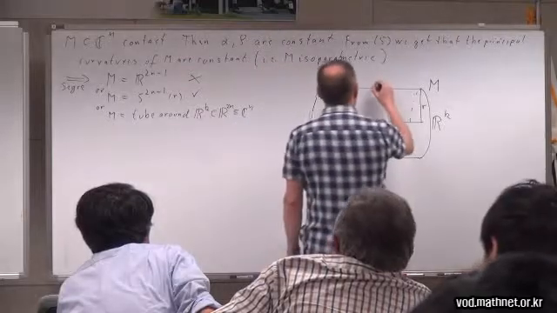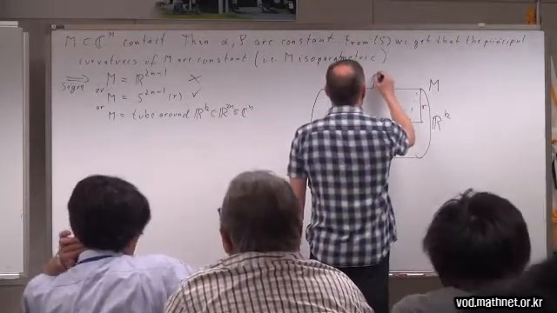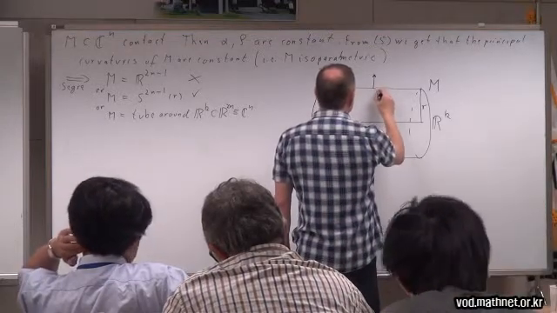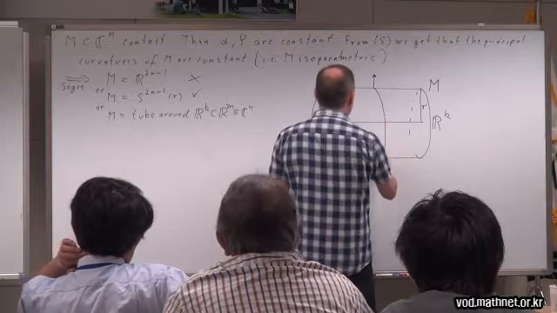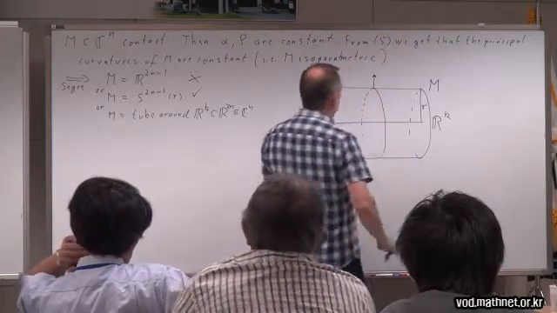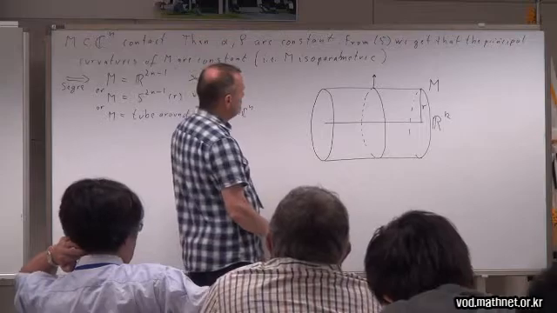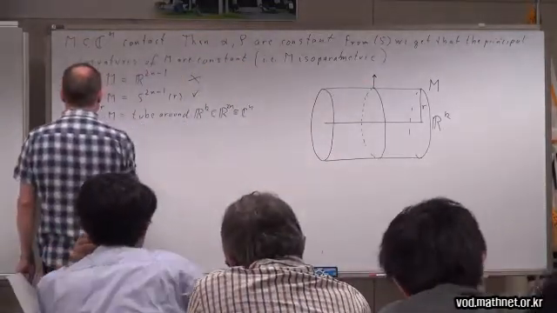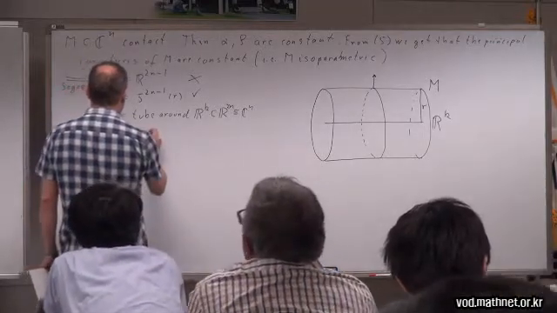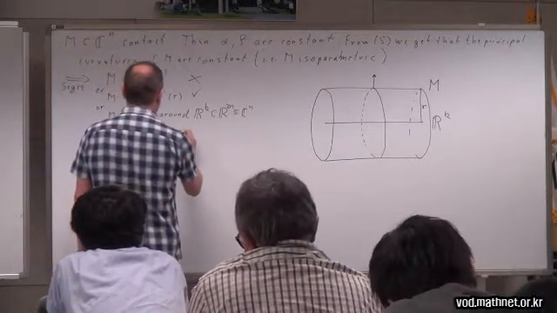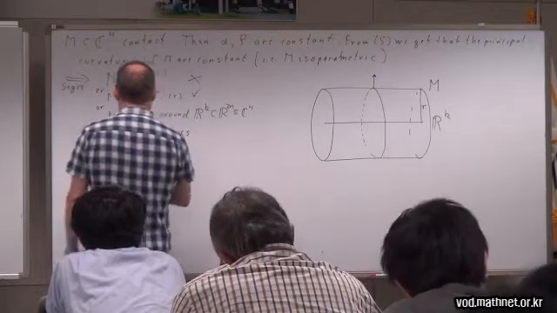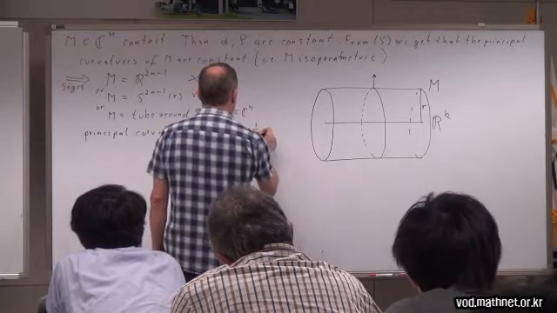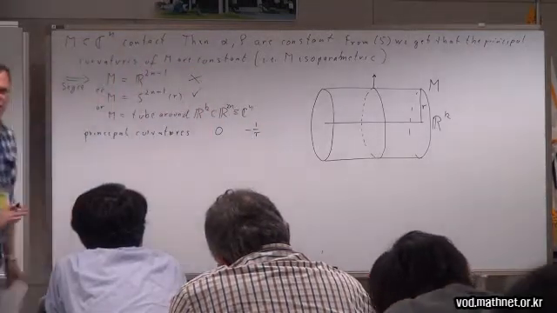So if we choose the outward unit normal vector, and we take the sphere here, then from looking at the picture you see where the principal curvature spaces are. We get 0 and minus 1 over r because I choose the outward unit normal.